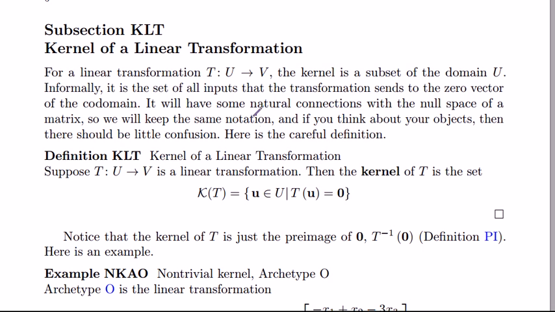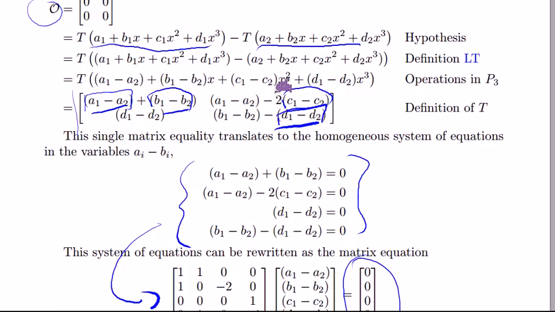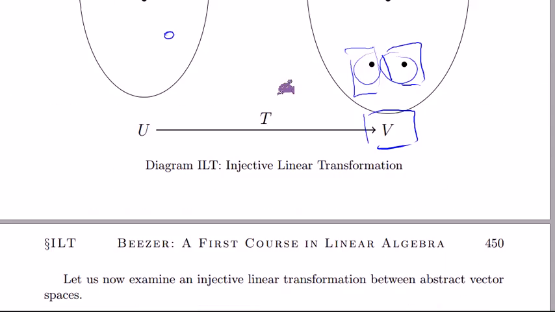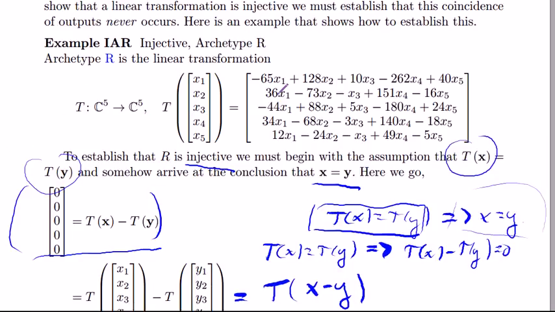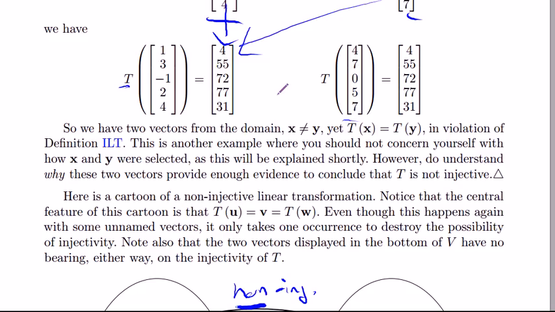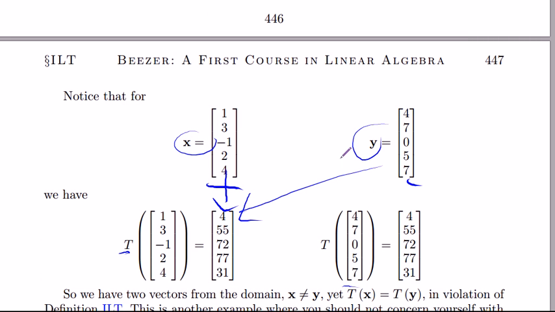Now related idea, let's consider the case where the transformation is not injective. When the transformation was not injective, we were able to find, let's back up here. Well, we were able to find two different vectors that map to the same vector.